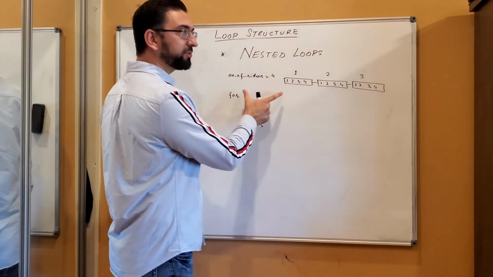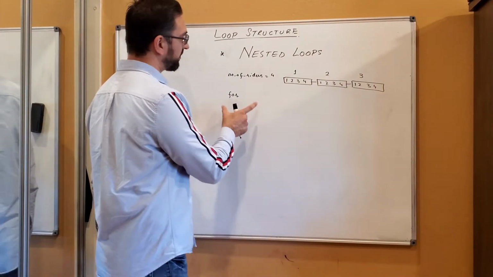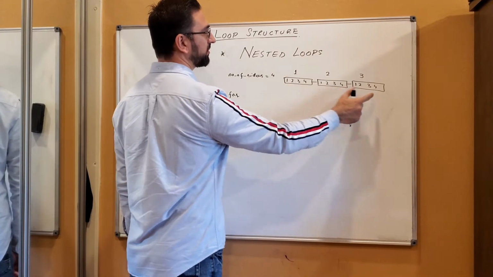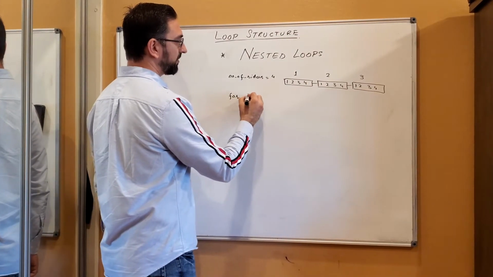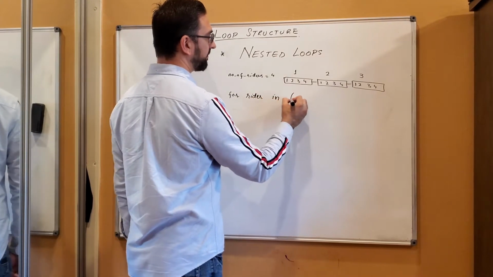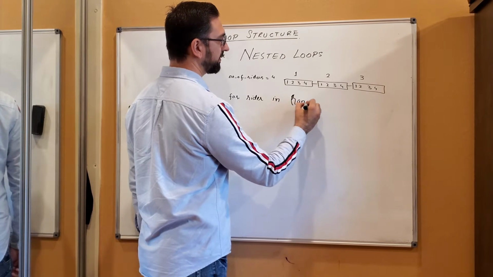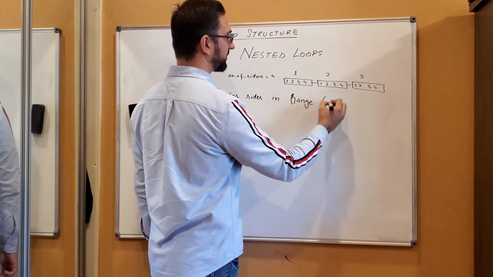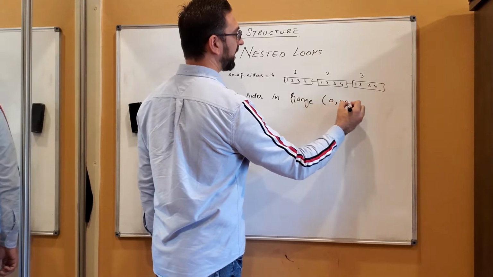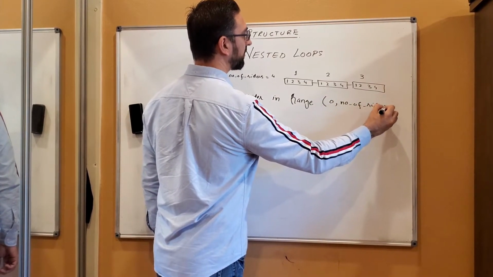In order to illustrate the seating of riders in these cars, we can write multiple for loops, one for each car. So we say for rider in range, and we write this range function, which says 0 all the way up to number of riders.